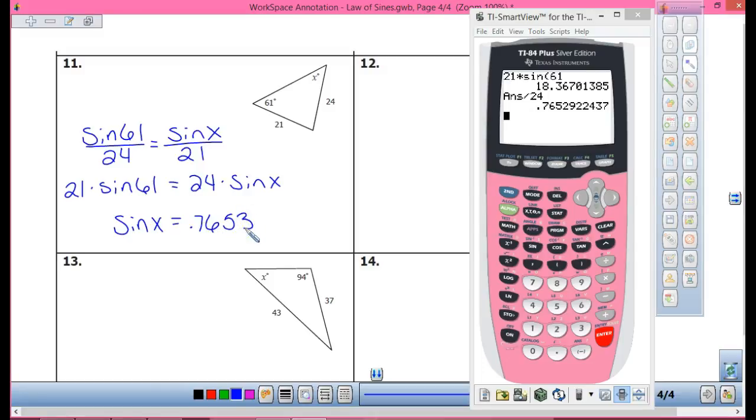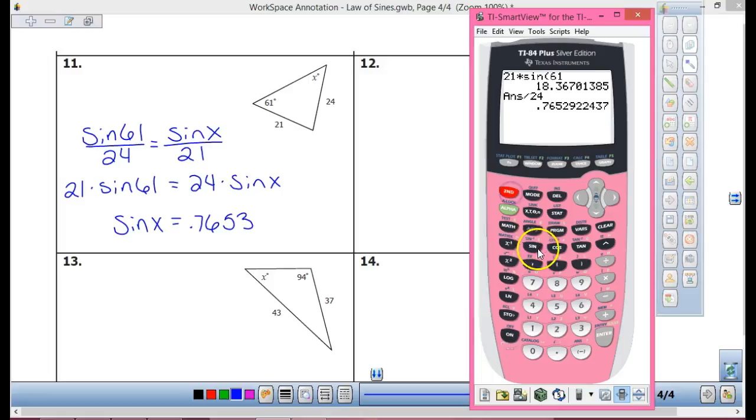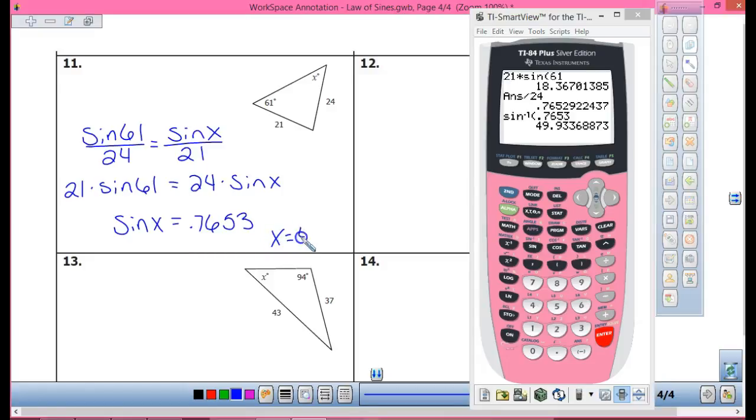Did we all get those 4 decimal places? Well, okay, so now I have second sine 0.7653. We should have 49.9. Right? So I saw some 61s out there. I saw some 50s out there.